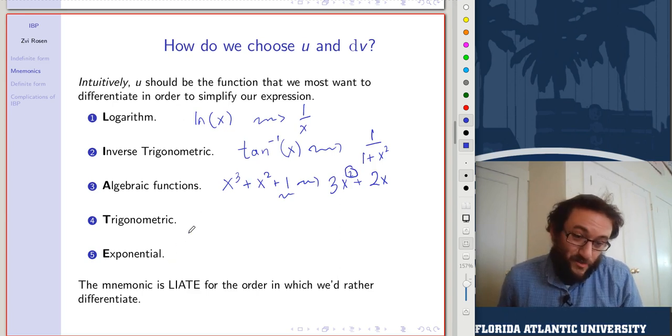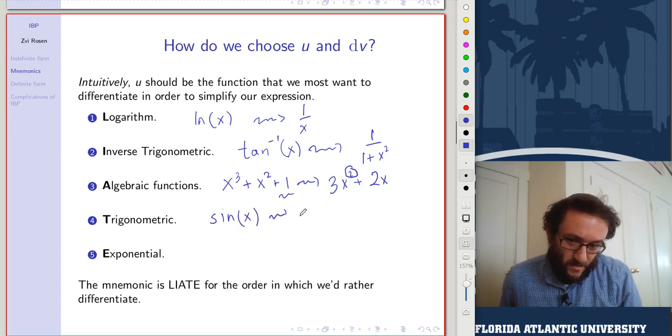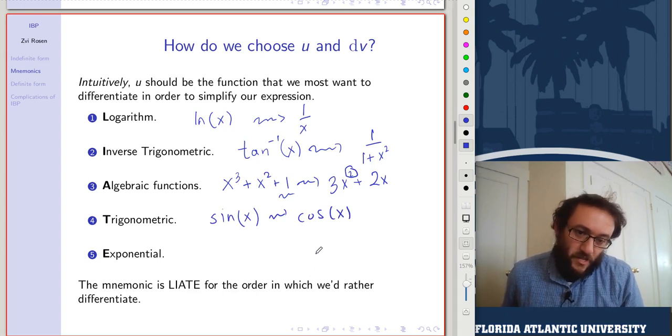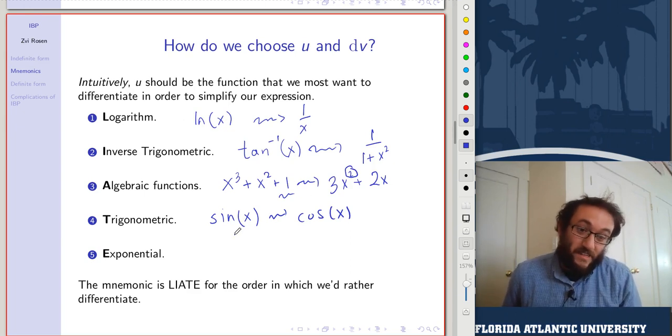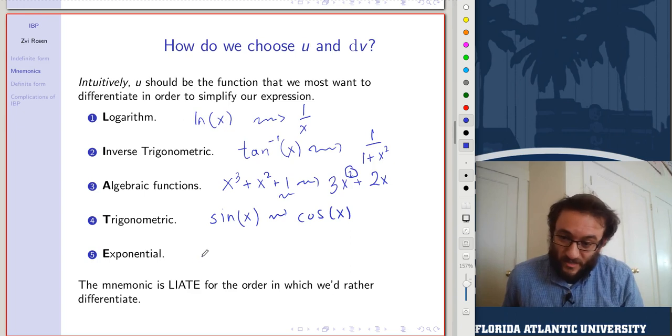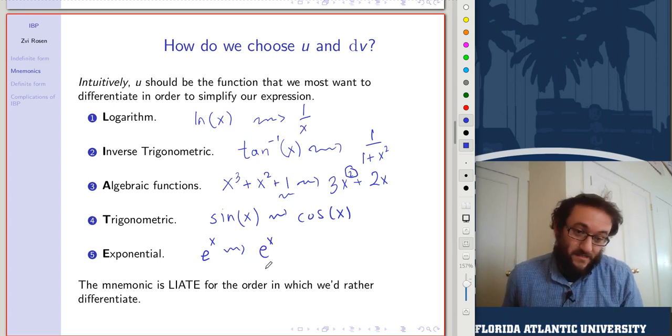Trigonometric and exponential, neither of these simplify too much. We have sine x becomes cosine x, and that's not really changing much. It's a different trig function, but it's the same complexity, and if you keep taking derivatives, you're just going to get back to sine. Similarly, e to the x, when I take a derivative of that, I just get e to the x back, and that doesn't simplify at all.